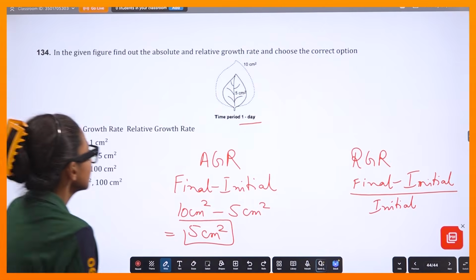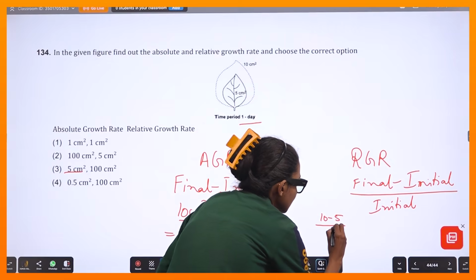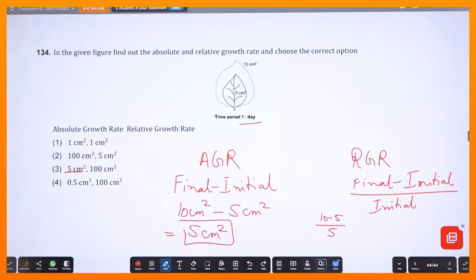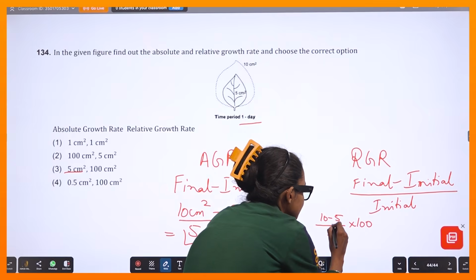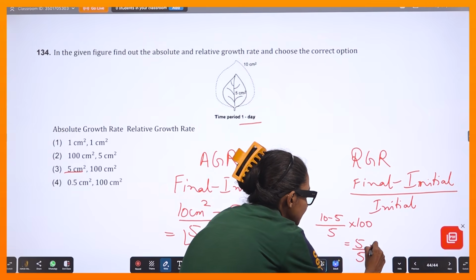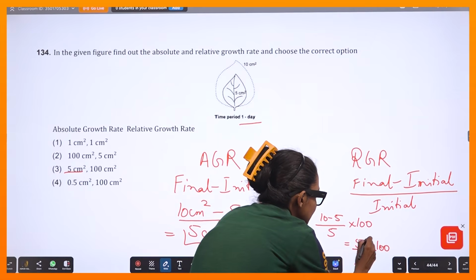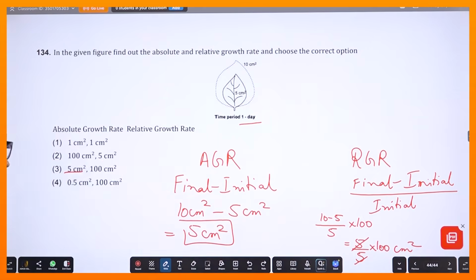So that means 10 minus 5 upon 5, okay, into 100. So that gives me 5 upon 5 into 100. Okay, correct? So that's how it is.